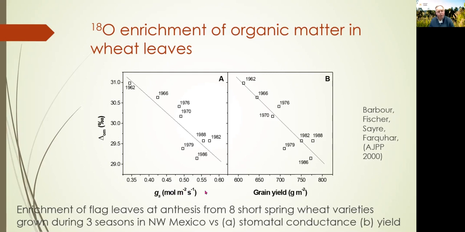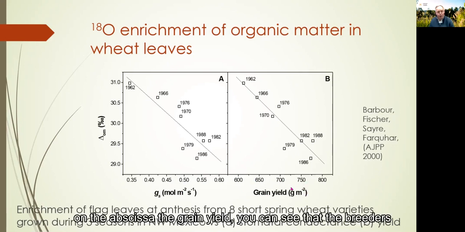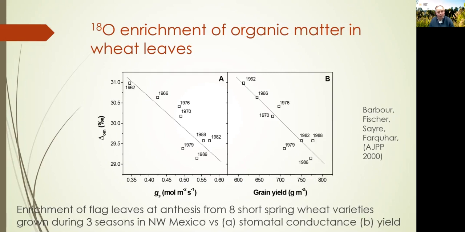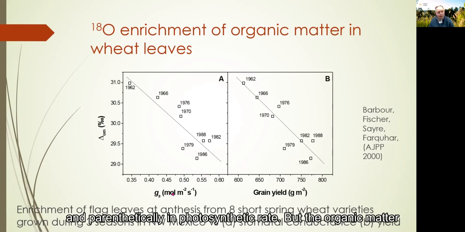And if we plot again here on the abscissa the grain yield, you can see that the breeders have done a good job, breeders and agronomists and so on, of improving grain yield. And that's been associated with a big increase in stomatal conductance and, parenthetically, in photosynthetic rate. But the organic matter 18O is the best measure of that improvement.